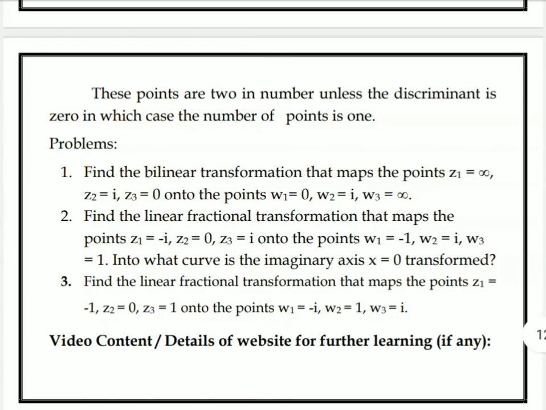These 2 points are two in number unless the discriminant is 0, in which case the number of points is 1.